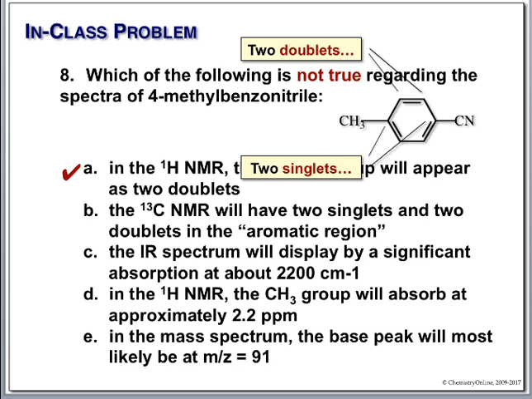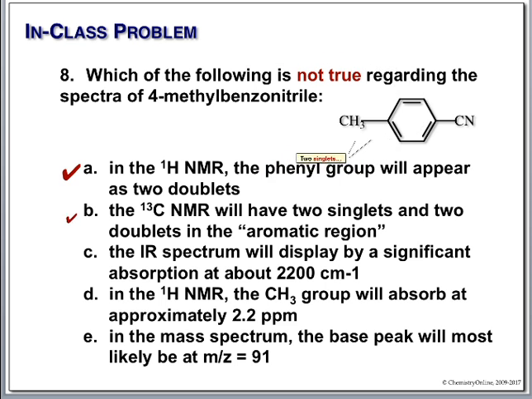Here we have carbons that bear no hydrogens. So they will show up as singlets. So our prediction for the C13, 2 singlets and 2 doublets. And that sounds right. Any questions on that one? Remember, the splitting comes from the hydrogens attached to the carbon.